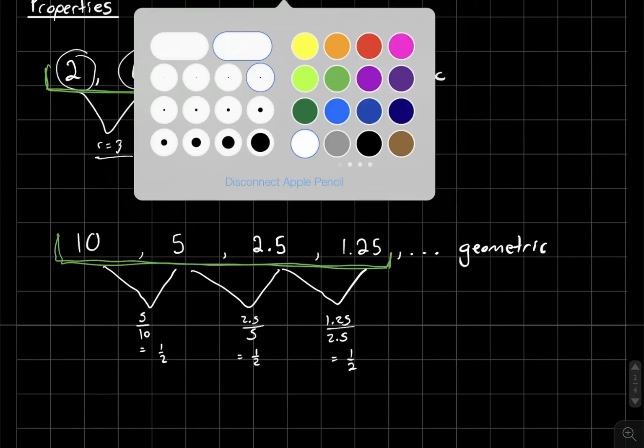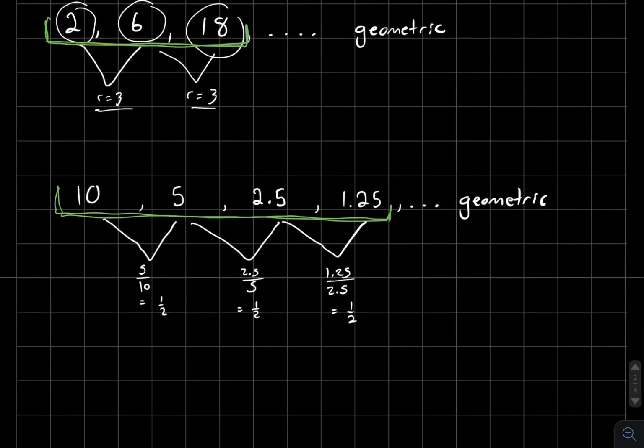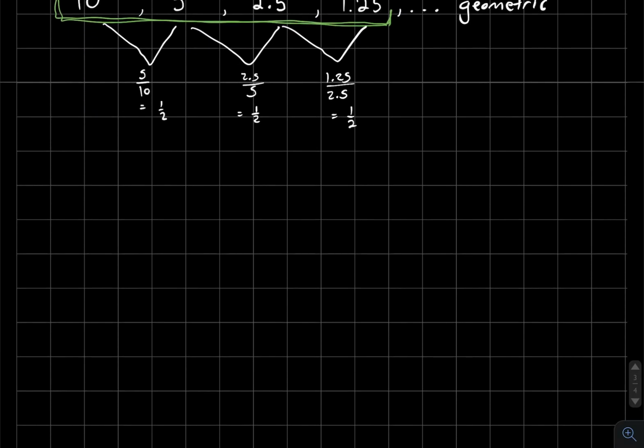As you create more and more examples like this, you'll notice a pattern. Whenever r is between -1 and +1, the sequence will always decrease.